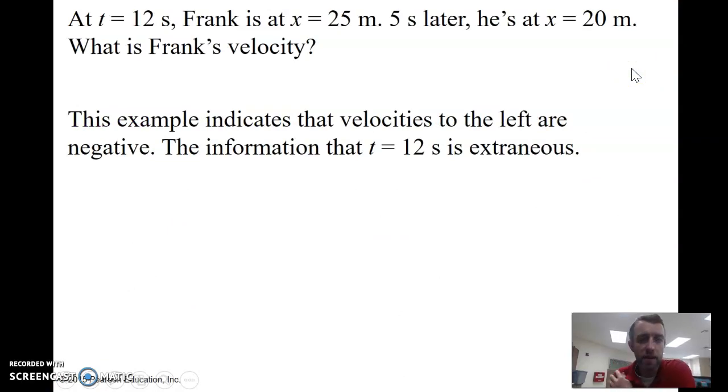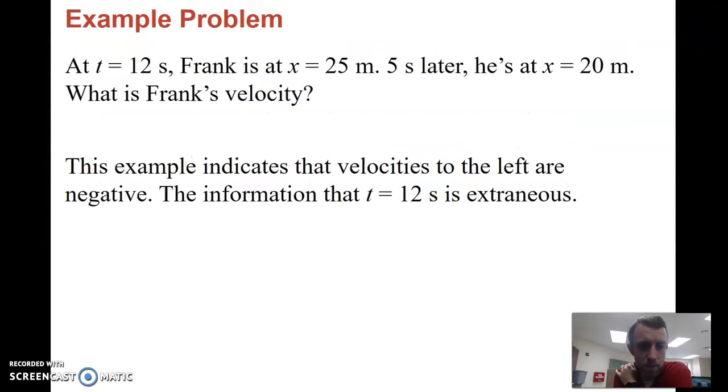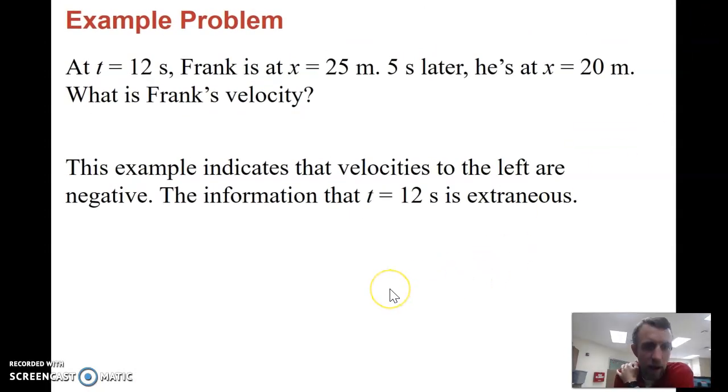At 12 seconds, Frank is at 25 meters. 5 seconds later, he's at 20 meters. What is Frank's velocity? So this example gives you that velocities to the left are negative, and that 12 seconds doesn't mean anything.